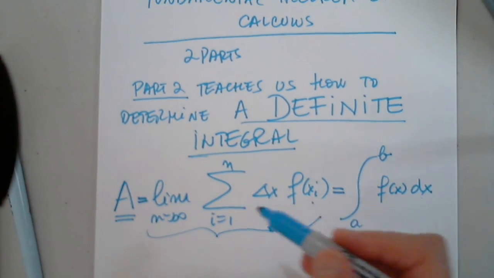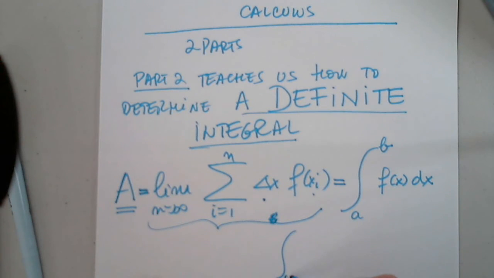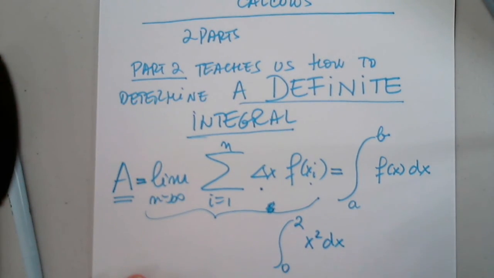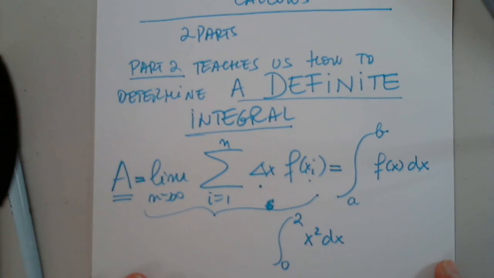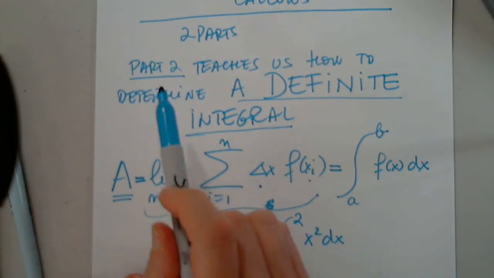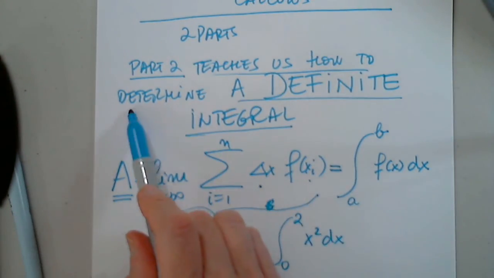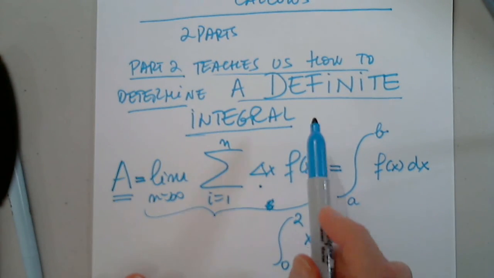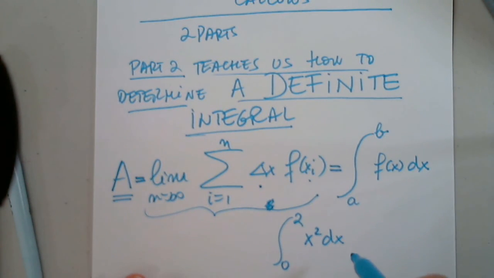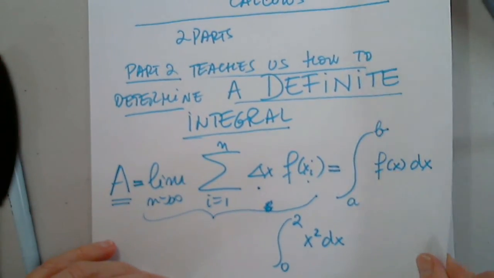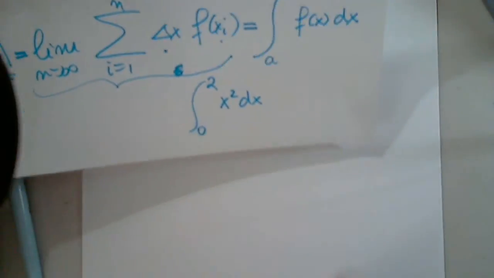What would a and b in our example mean? So the integral from 0 to 2 of x squared dx for our very first example. And we're going to go back and calculate the other one in a minute. So part 2 of the fundamental theorem of calculus teaches us how to determine something like this. So how do I determine it? Let me give you the theorem, and then we'll go back and calculate.